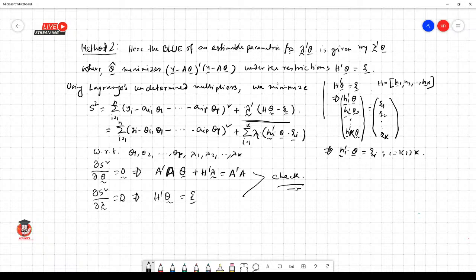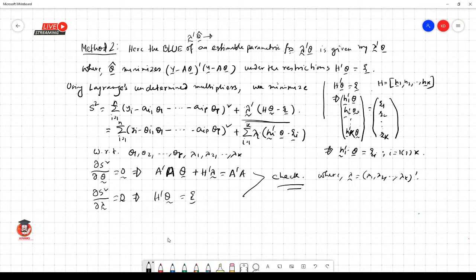And where λ is λ1, λ2, ..., λk. So you can get the BLUE of λ'θ using this way, and the BLUE of λ'θ is λ'θ̂, where θ̂ is a solution of these two equations.